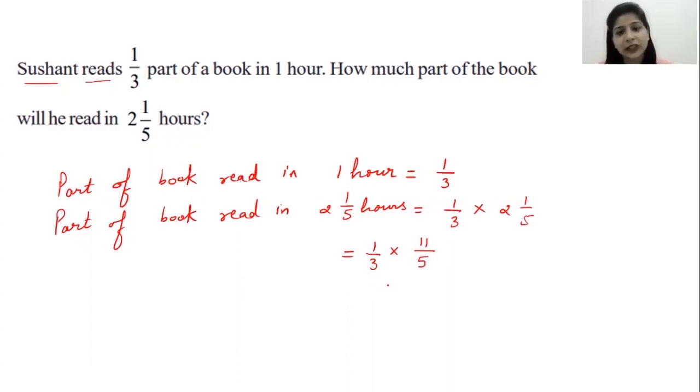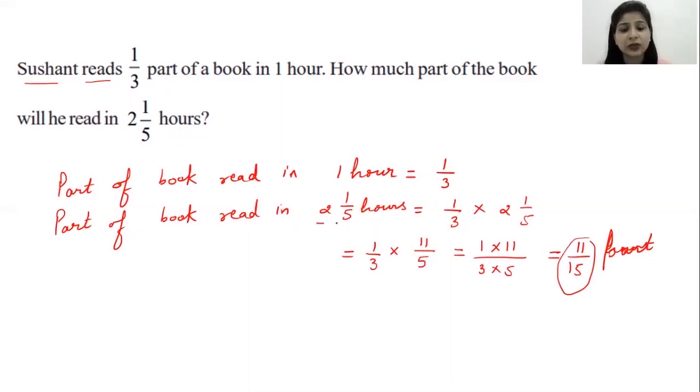How do we multiply the two fractions? We multiply the numerators together and we multiply the denominators together. So what is the answer that we will get? 11/15. Okay, 11/15 part, not hours, because this is the part of the book. So this part of the book he will read in 2 whole 1/5 hours.